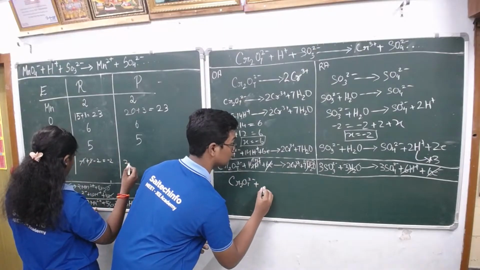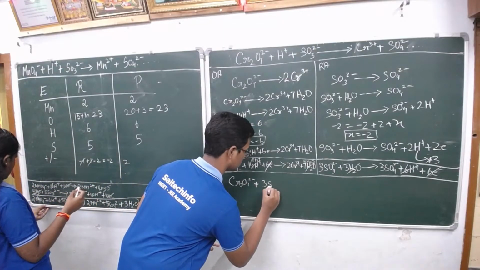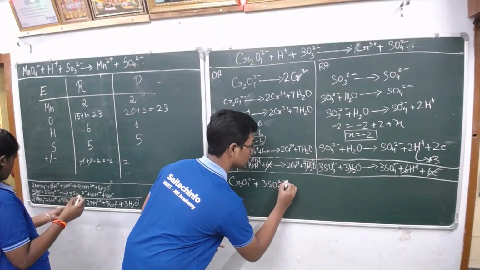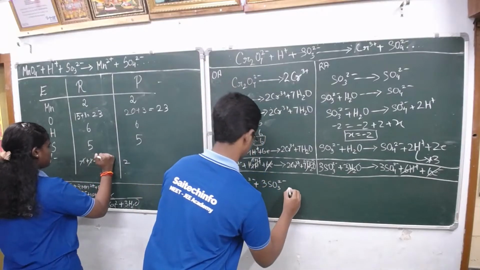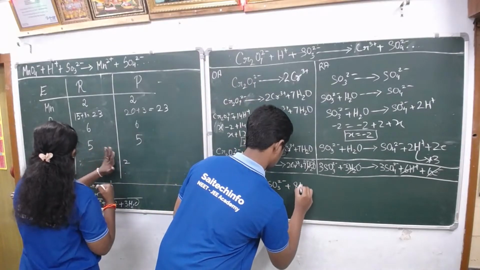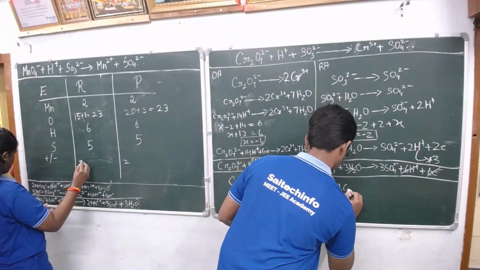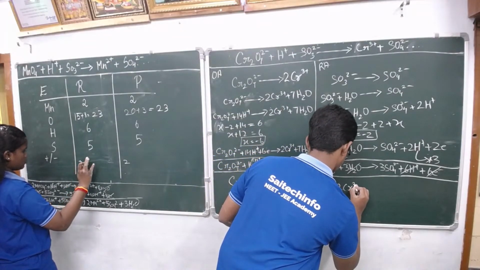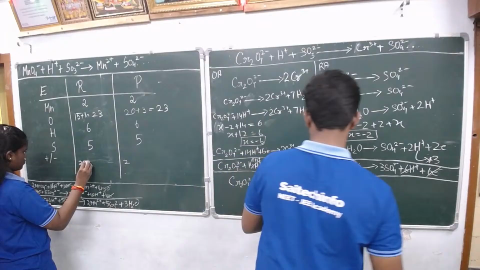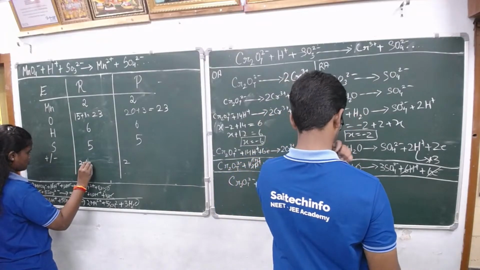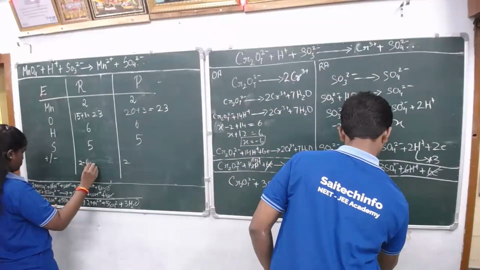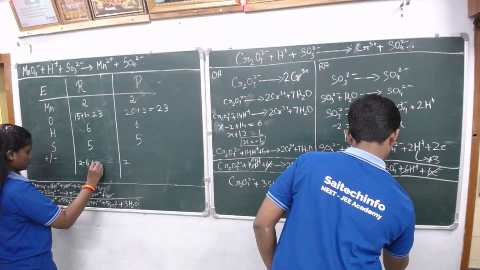So he is writing Cr2O7 2 minus plus 14H plus plus 6e minus gives 2Cr3 plus plus 7H2O. No, the completed half cell reaction of that one. And for the other one, simply put sulfite to sulfate.